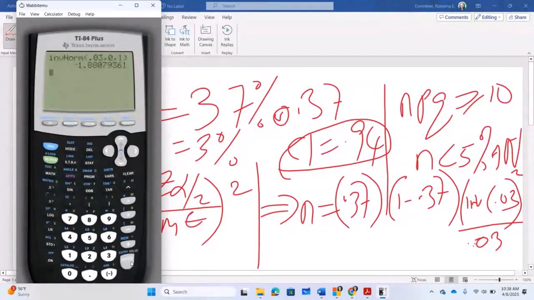Divided by 0.03. And I have to square my answer. Then with my answer, n, p, and q: so multiply by p, 0.37. And then I multiply again by 1 minus 0.37.